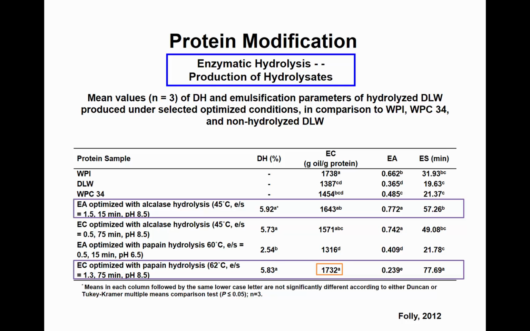The other one that was optimized for EC using papain was the one that had the best results with optimized conditions. We had very similar EC value. Emulsification activity was lower, but emulsification stability was higher. So using RSM, we were able to deduce conditions to get us optimized functionality.